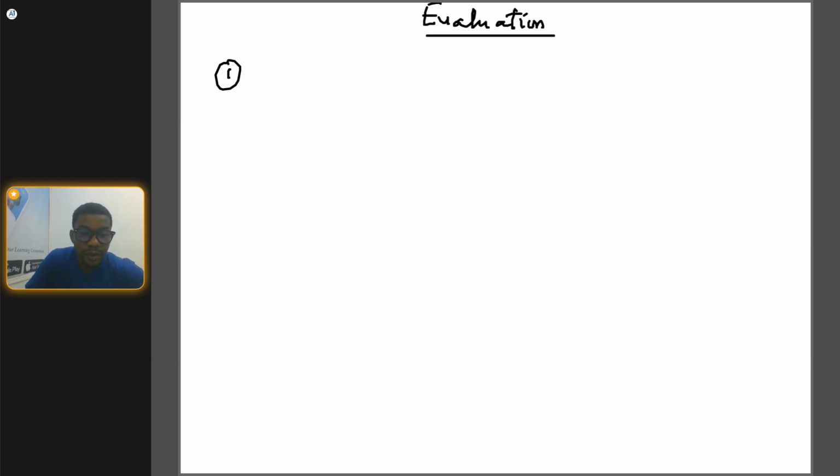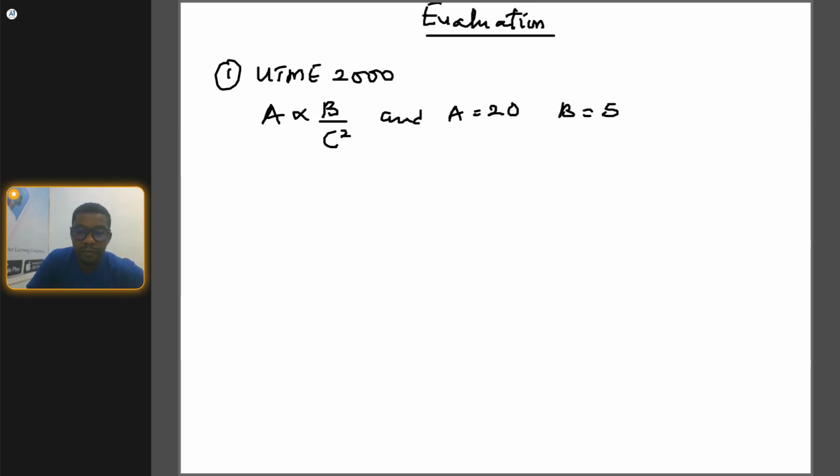We have a UTME question also, from 2000. A varies as B over C squared, and A equals 20, B equals 5, and C equals 1 over 3.